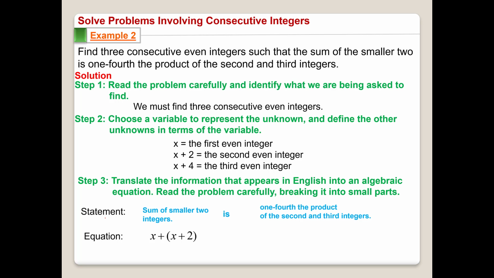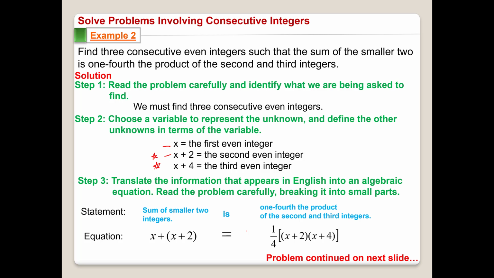The sum of the smaller two we had here was x and x plus 2, add those together, and equals, for is, and then 1/4 the product of the second and third integers. So then we got the product of our second and our third integers. So we should get x plus 2 times x plus 4. And then all that times 1/4, right? So this is 1/4.